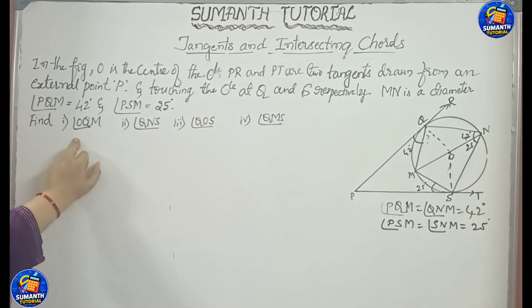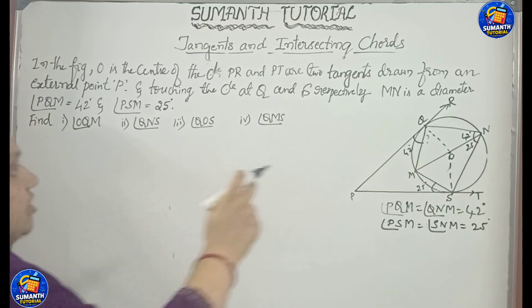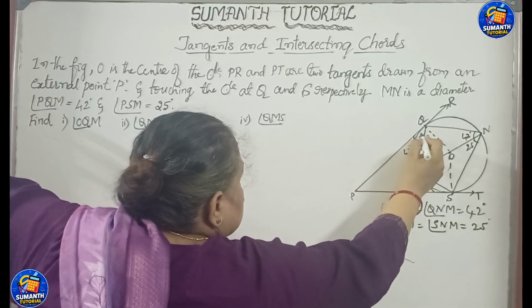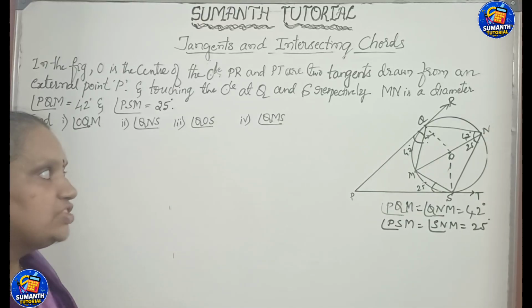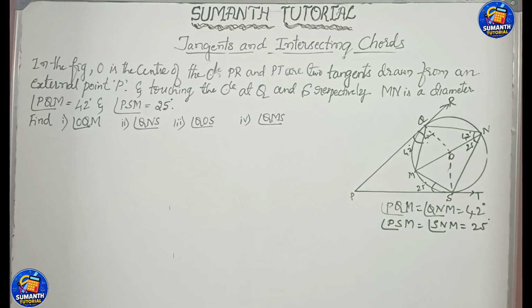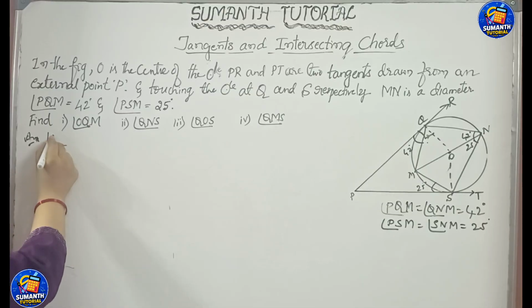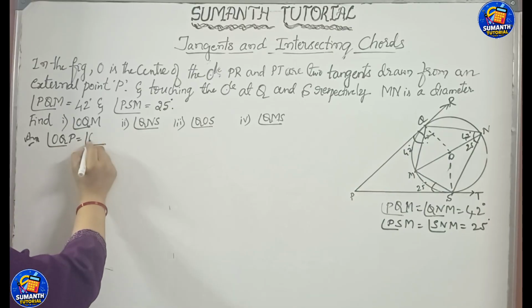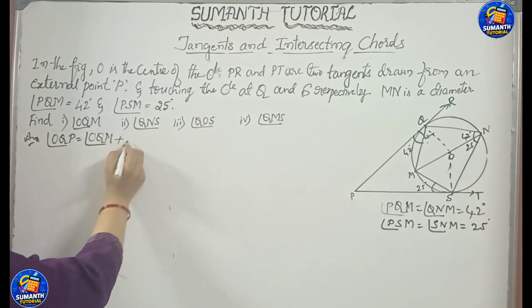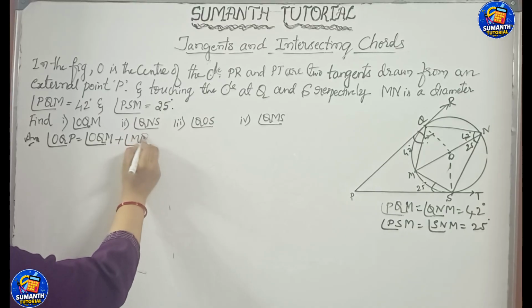So what is the first problem given? To find angle OQM. Children, already I explained to you that the angle formed between the radius and a tangent is equal to how much? It is equal to 90 degrees. By that, the first answer is angle OQP is equal to the sum of OQM plus MQP.